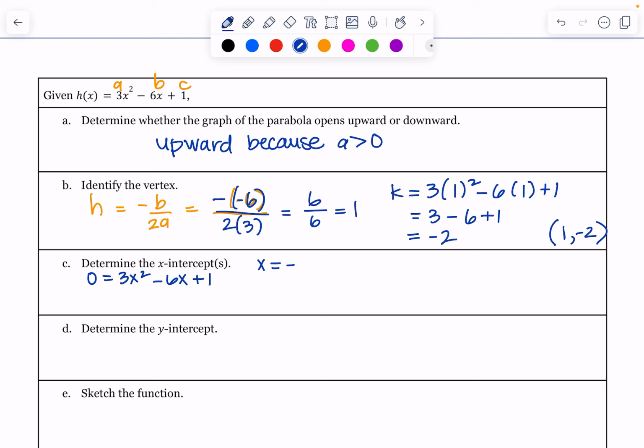that video. So negative b plus or minus the square root of the discriminant over 2a, and I like to do that separate. So b squared minus 4ac separate would be negative 6 squared minus 4 times 3 times 1, which would be, I'm going to use my calculator so I don't make a silly mistake. 24.